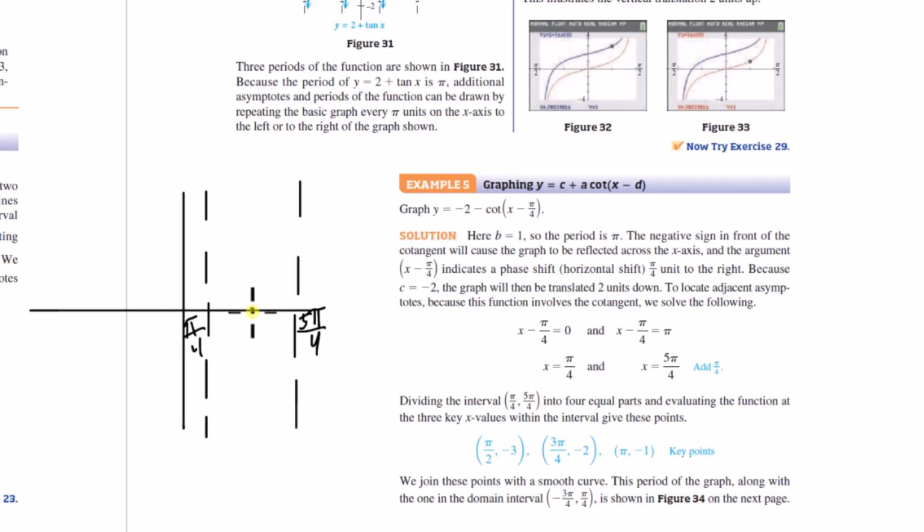The midpoint is going to cross the x-axis, and then it's been flipped, minus cotangent. It's been flipped about the x-axis, so it's going to be like this kind of shape. There's no scaling about the y, but it's been shifted down too.